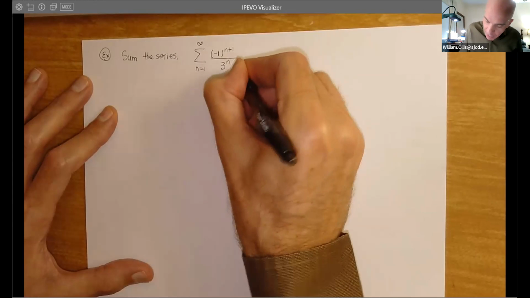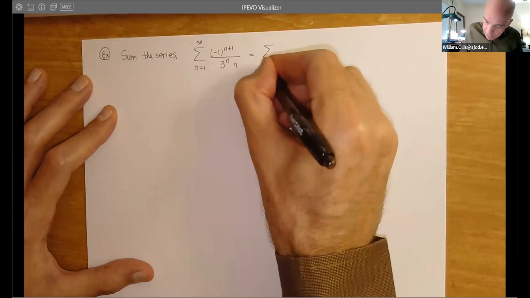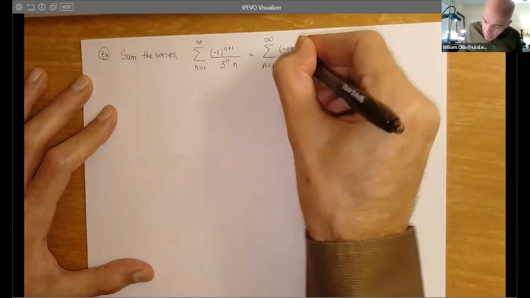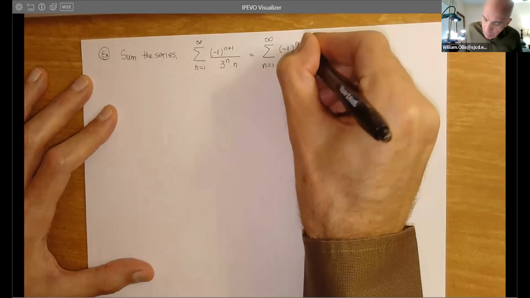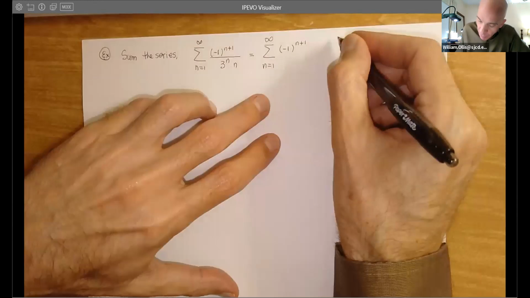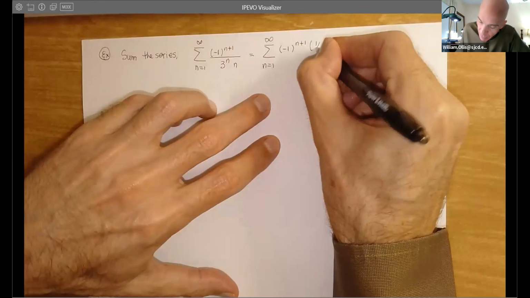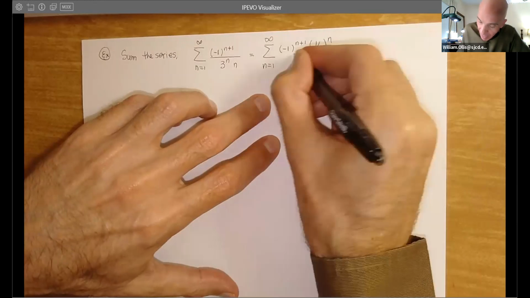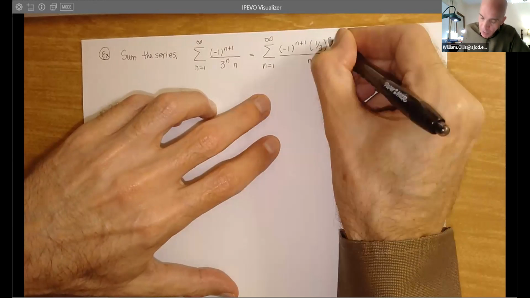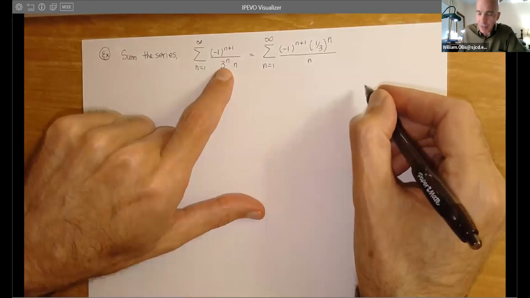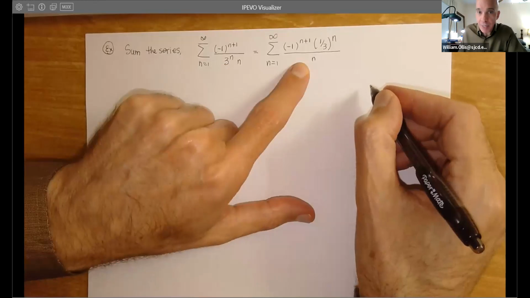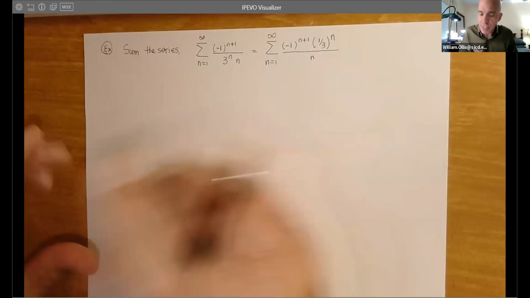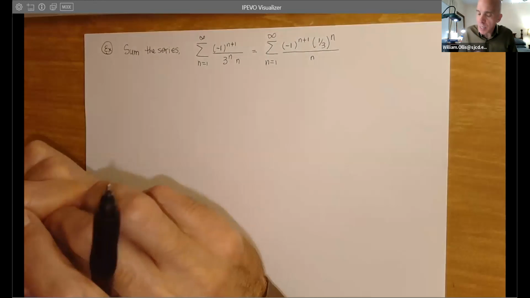Now I'm going to flesh this out a little bit so it looks more user-friendly. So we have -1 to the n plus 1. I'm going to bring this upstairs, so it's like an x raised to a power and then dividing by n. That looks unfriendly, but it looks very friendly because you're thinking you can rig this. Now, what I want to do is come up with a series that's going to help us do this.